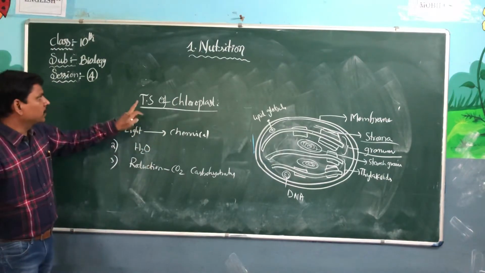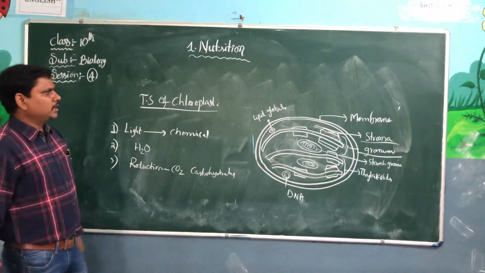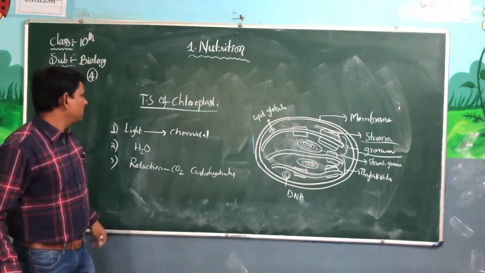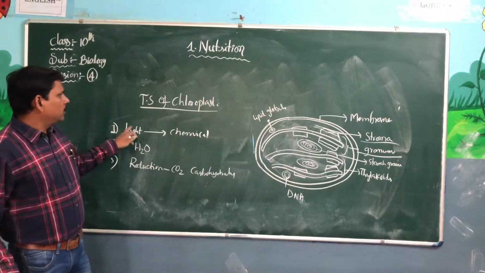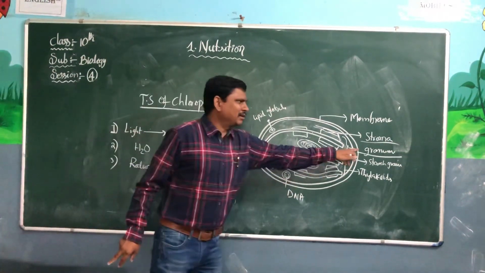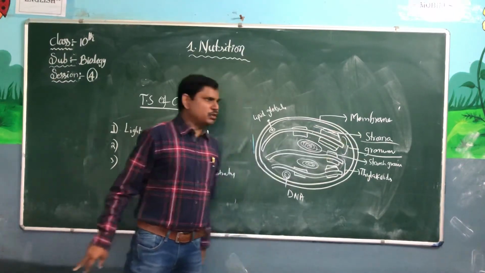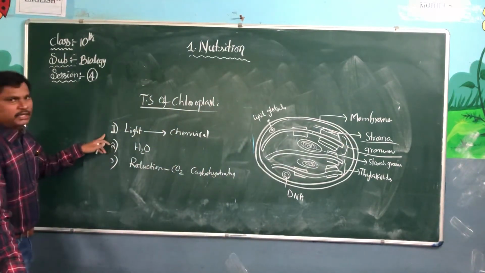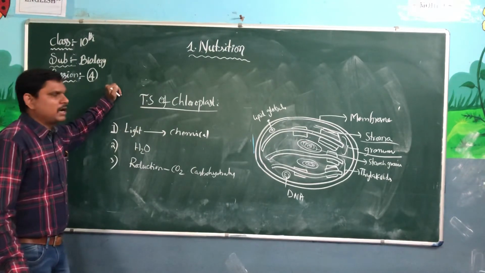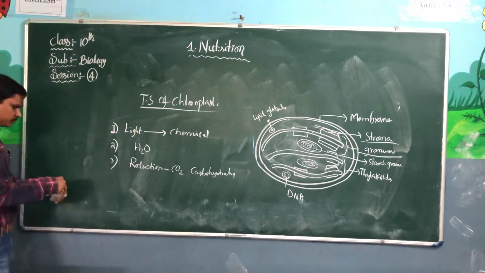If they ask for the TS of chloroplast with explanation, we should draw the diagram and explain chlorophyll A, chlorophyll B, the structure and function of the granum, the function of the stroma, and these three events. Chlorophyll contains the atom magnesium.